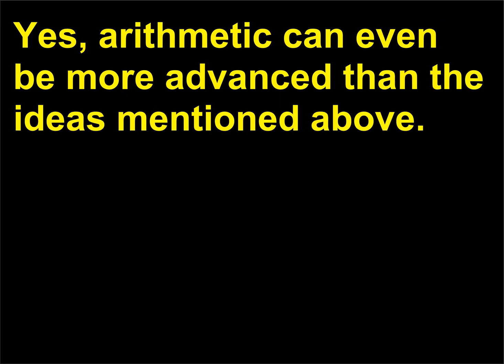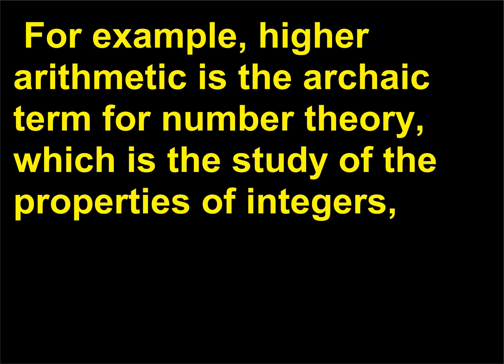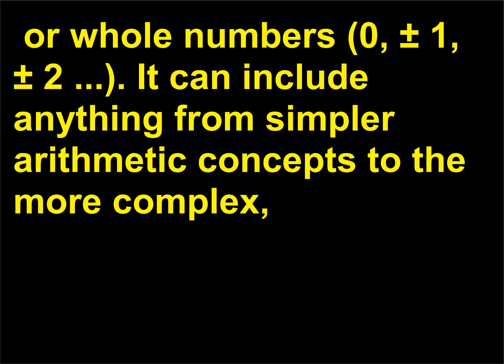Yes, arithmetic can even be more advanced than the ideas mentioned above. For example, higher arithmetic is the archaic term for number theory, which is the study of the properties of integers or whole numbers, 0, plus or minus 1, plus or minus 2.